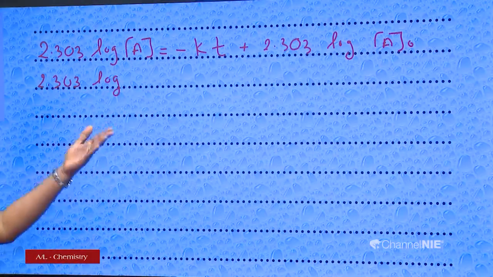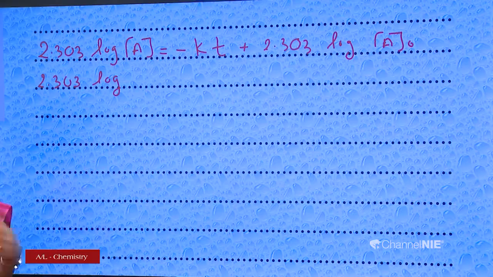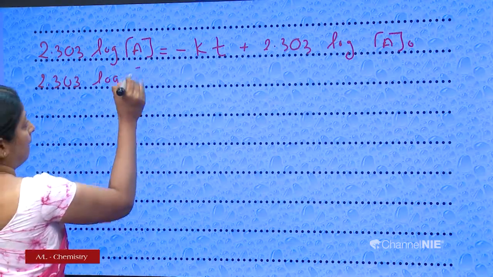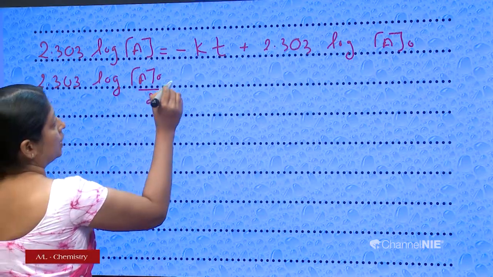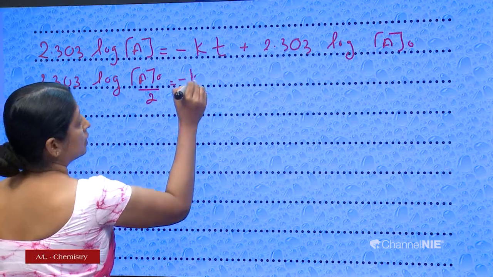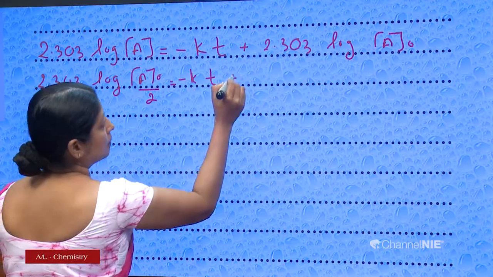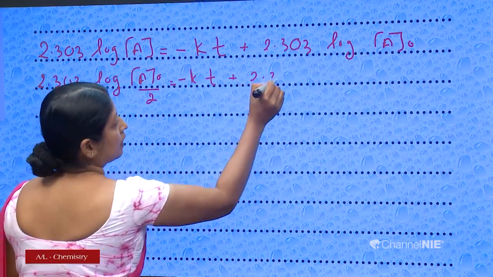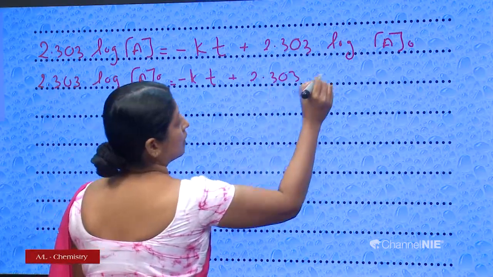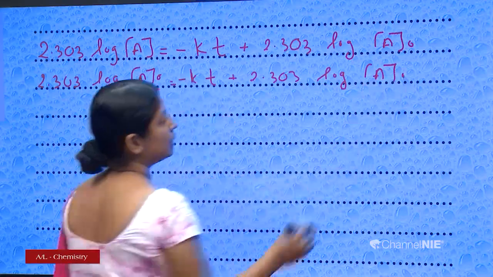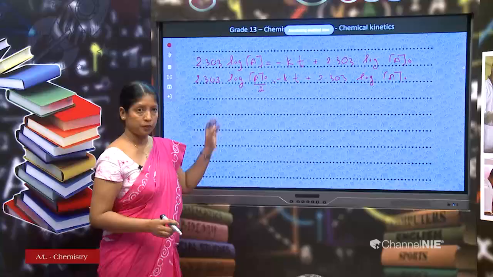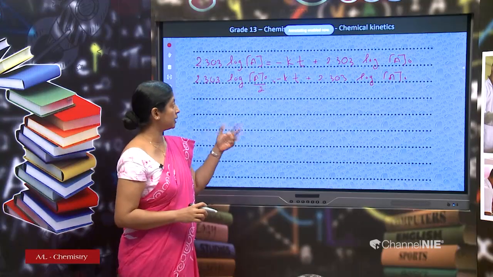Now, the initial concentration is A naught, half from that means I can write it as A naught by 2, equals minus K T plus this, which we can write as it is. Now, what has happened is the initial concentration gets reduced by 2.